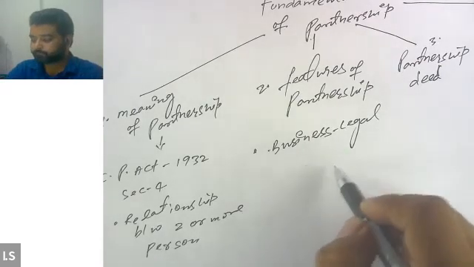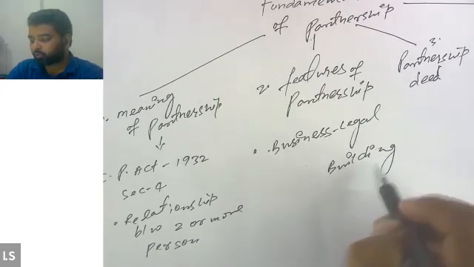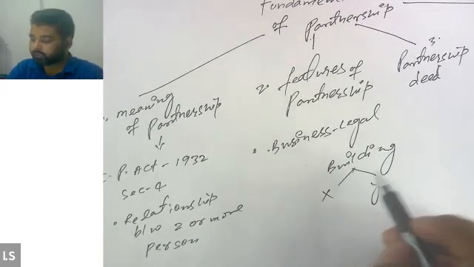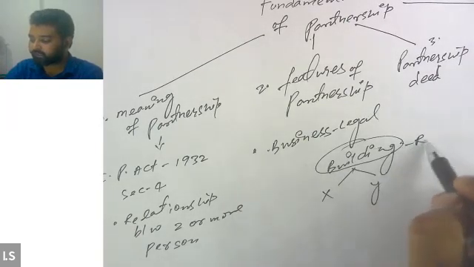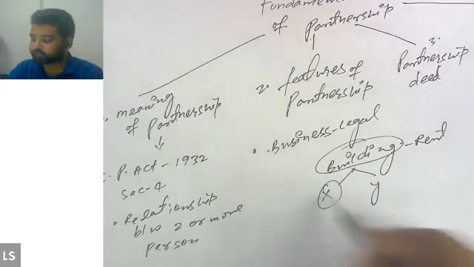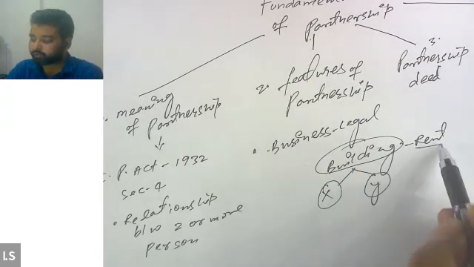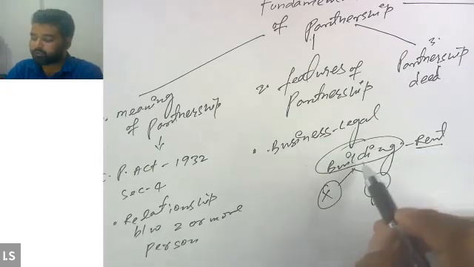Let's suppose there is a building and this building is co-owned by two brothers, X and Y. And whatever the revenue generated from this building in the form of rent, this rent is being shared by Mr. X and Mr. Y. Why are they sharing the rent of the building? Because they are co-owners of the building.